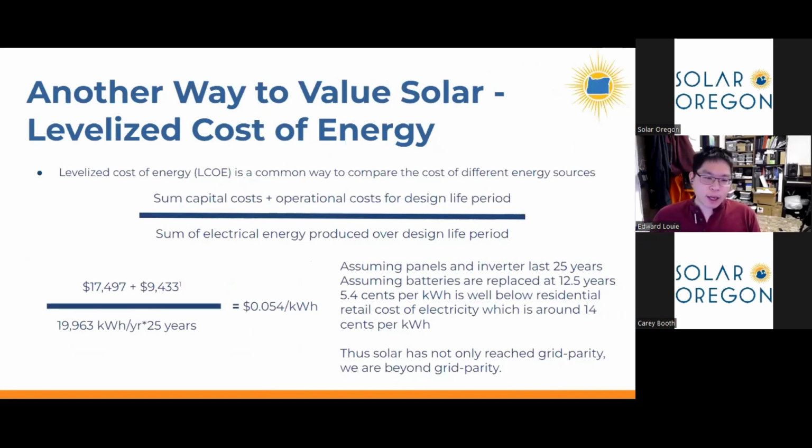Another concept that is kicked around in the world of energy is to value energy based on a concept called levelized cost of energy. What this metric does is you put all your costs, in terms of capital and operating costs, up in a numerator, and then you figure out how much energy this generating technology will generate over its design life period in the denominator.